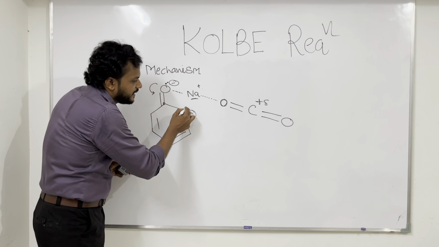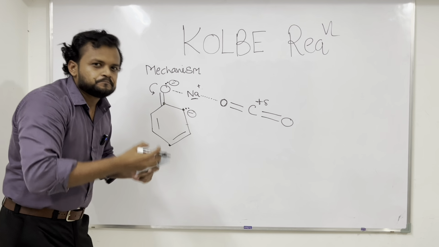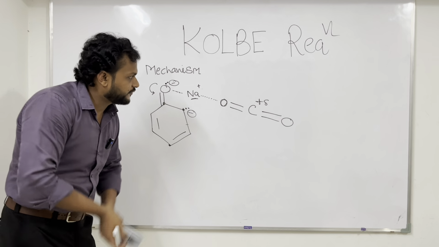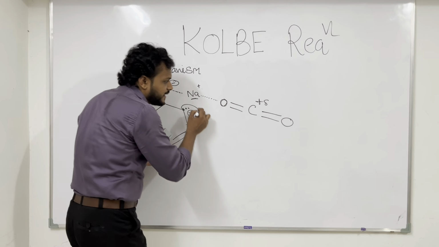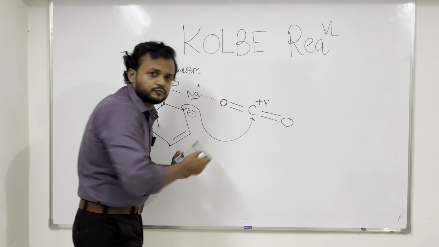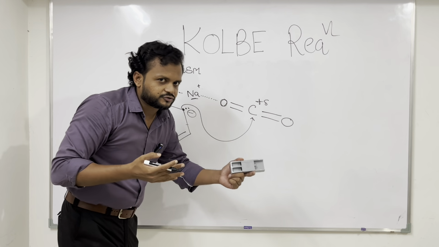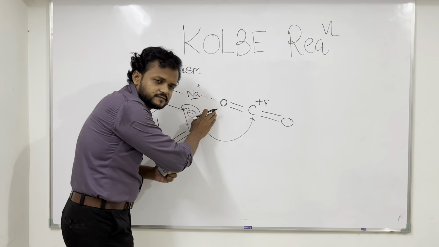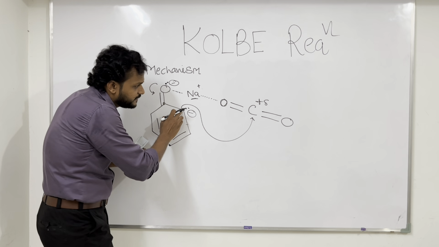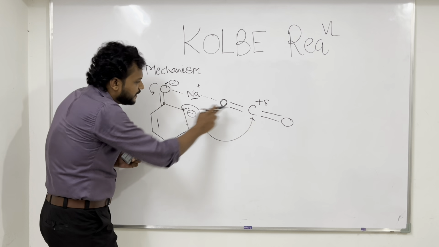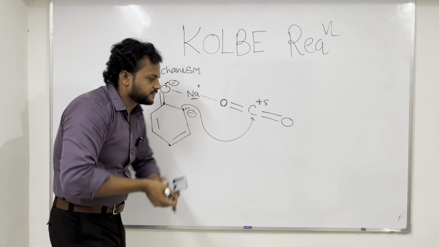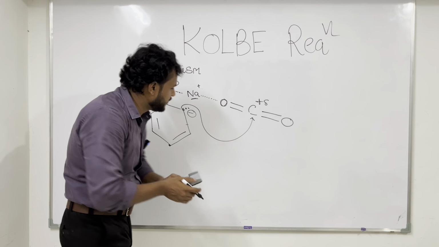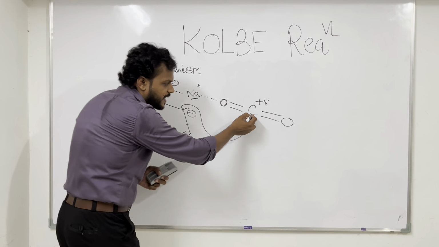Now the carbanion is a strong nucleophile, a hard nucleophile, and this is the electrophile. So now this nucleophile is going to attack on this electrophilic carbon of carbon dioxide, and because of this coordination this ortho position is near to this carbon, so it can easily attack on that. That is why ortho is favored. And now a bond is going to form between this carbon and this carbon.